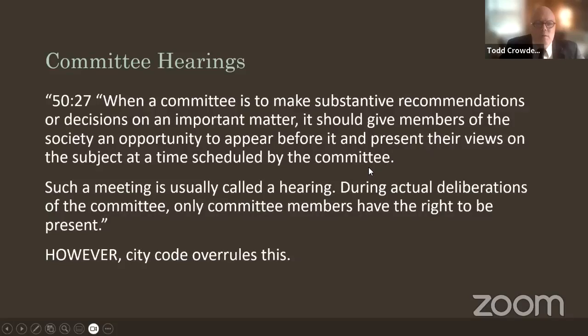I can see where a zoning issue or something like that might be something where you'd want to invite people to come comment. Anyway, to resume, such a meeting is usually called a hearing. During actual deliberations of the committee, only committee members have the right to be present, except in your case, city code overrules that. The whole public has a right to be present.